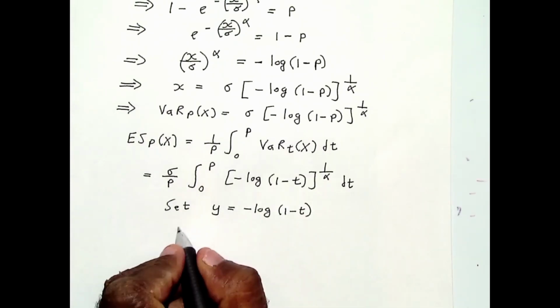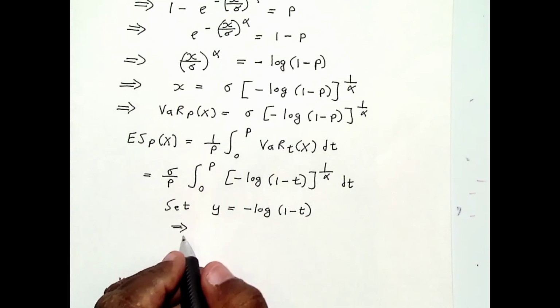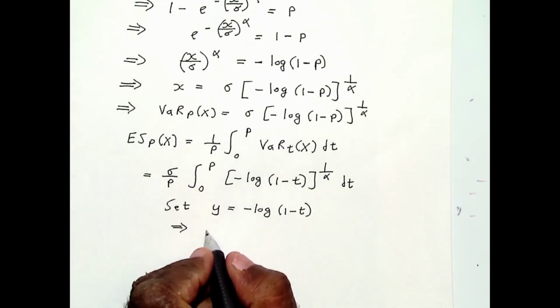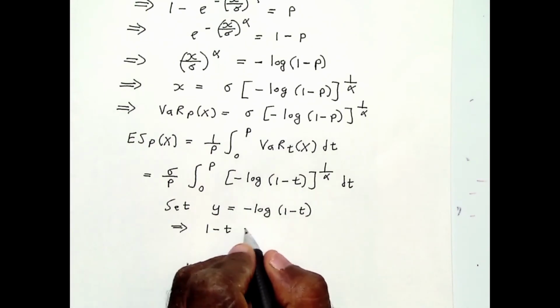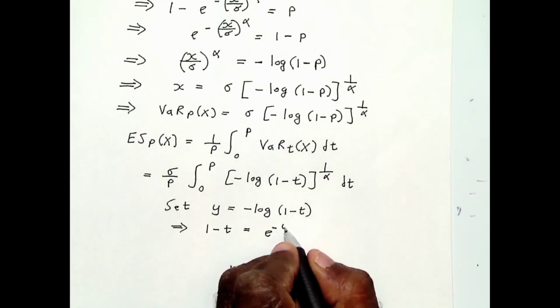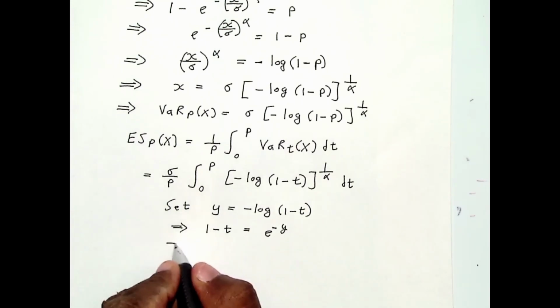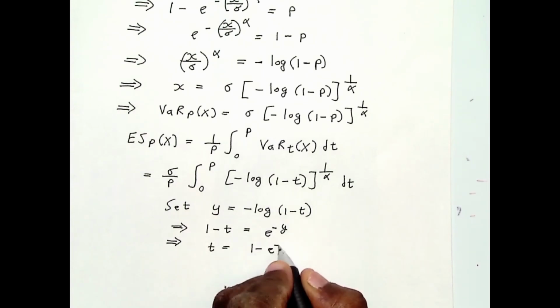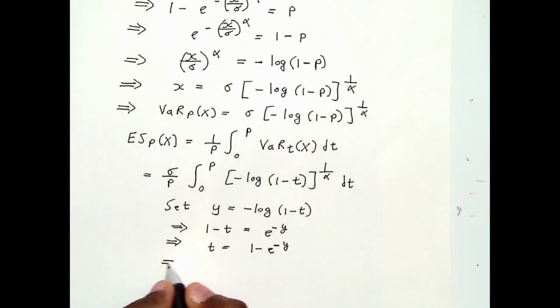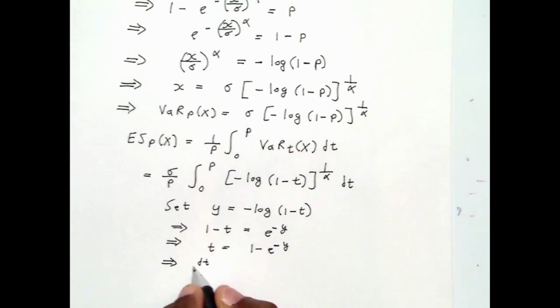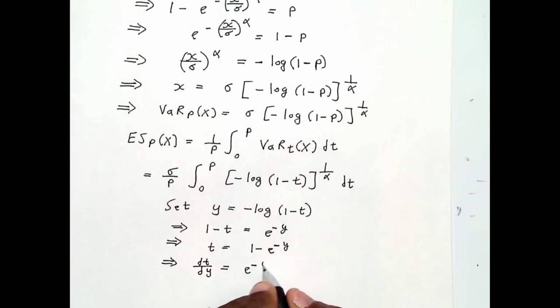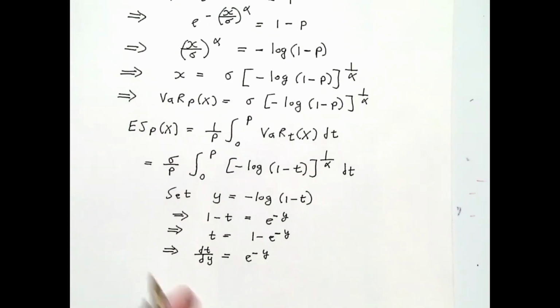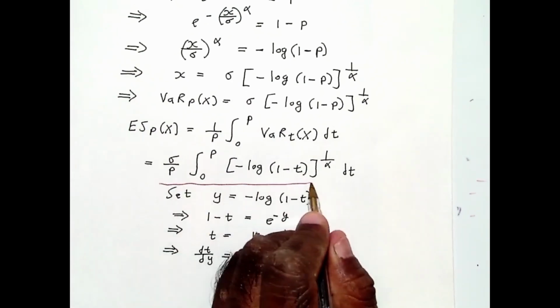All right, so that means your 1 minus t is equal to this, and your t is equal to 1 minus this, and your dt by dy is equal to this. All right, let me put this in a box.